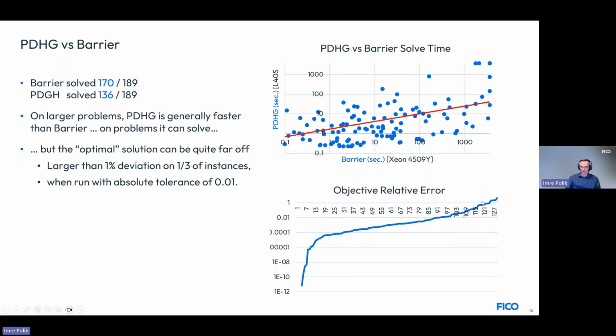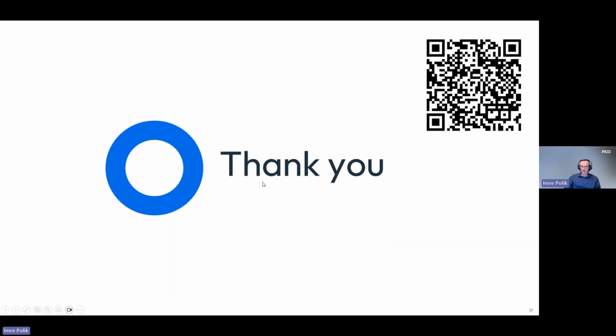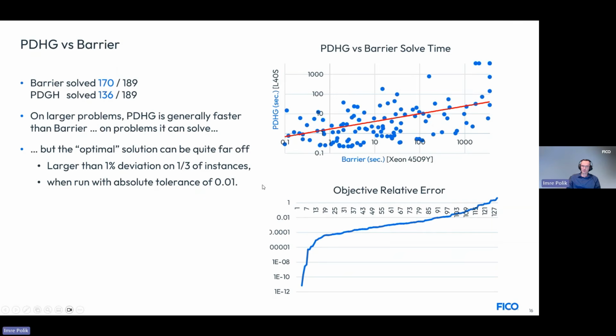So this is just a plot of the objective function relative error over all the instances that the hybrid gradient could solve. For a good number of instances, it was nice, but as we say, there was larger than 1% deviation on a third of the instances. So that means you have to know what you're expecting from the hybrid gradient algorithm and whether your application can deal with slightly less accurate solutions than what you would get from a simplex algorithm or a barrier algorithm.